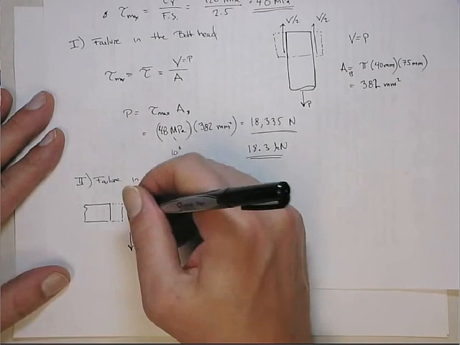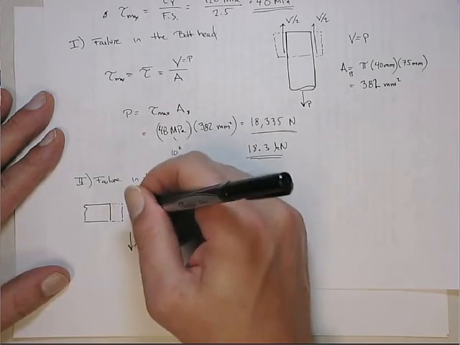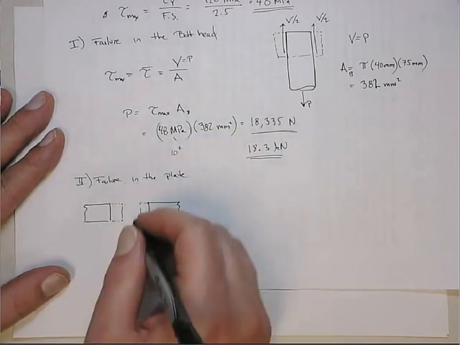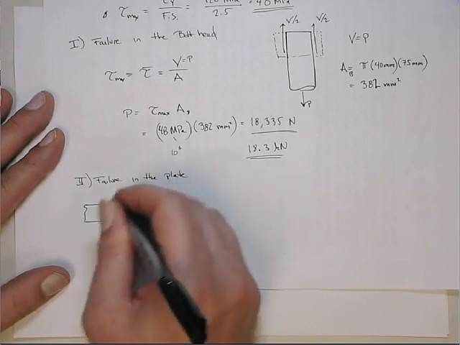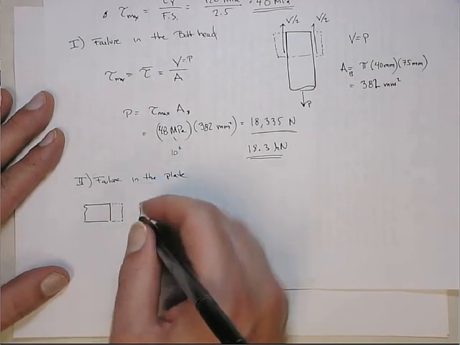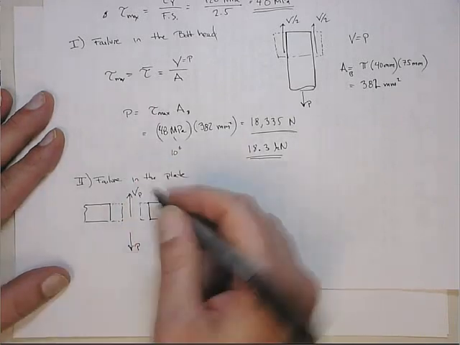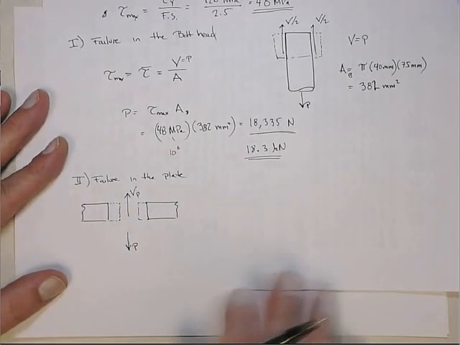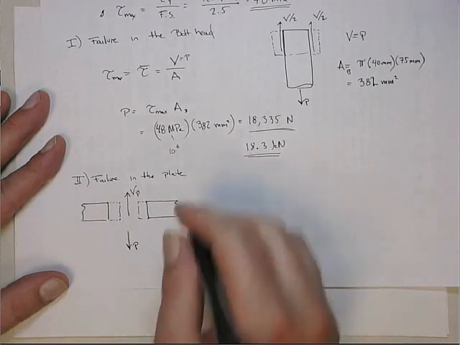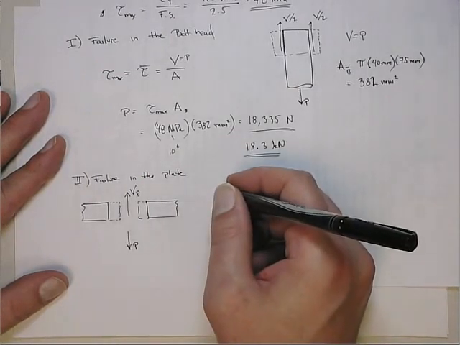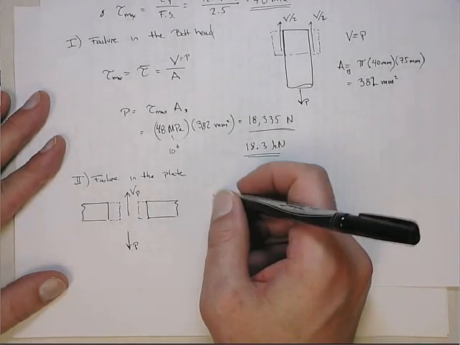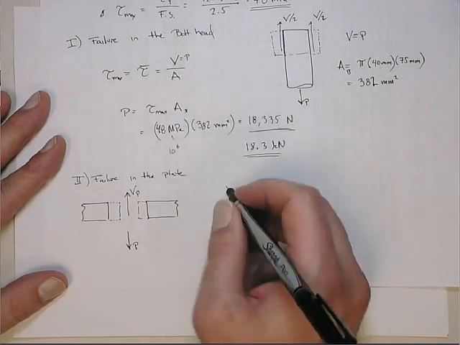So that means, to balance that out, acting on this entire cylindrical shear area is going to be V in the plate. And again, they're equal and opposite. Okay, so it's the same type of analysis.